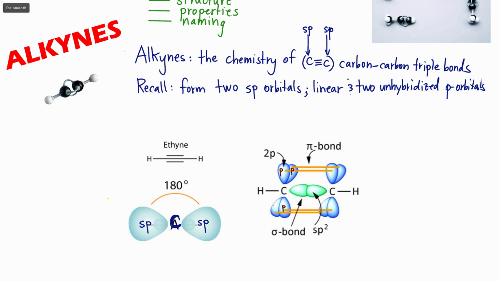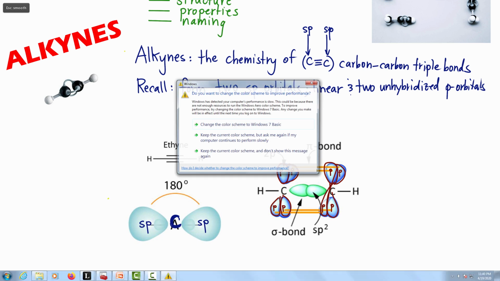All of these are one p orbital, and this is the other p orbital there. What this figure is trying to do, it can't do it in 3 dimensions. It's trying to show you that those p orbitals are indeed perpendicular to the plane. You could think of one in the y direction and one in the z direction.